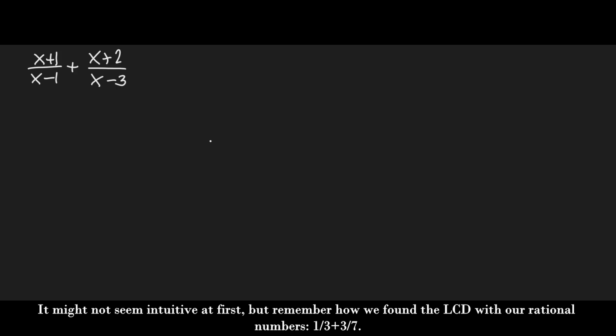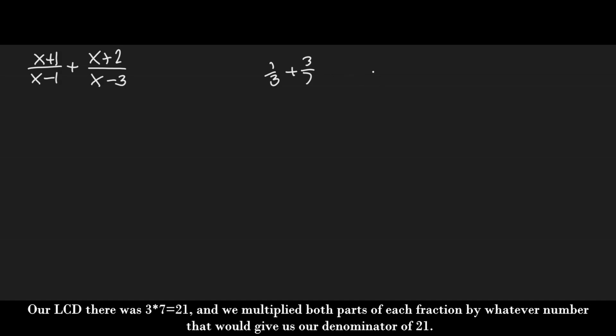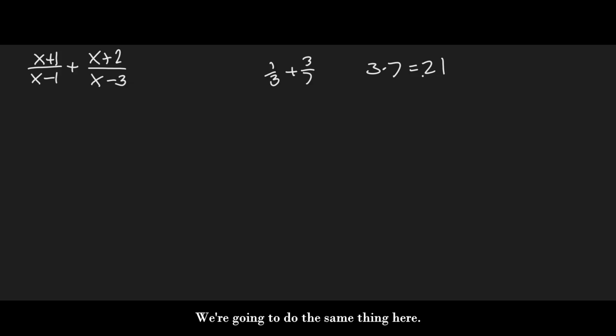It might not seem intuitive at first, but remember how we found the LCD with our rational numbers, 1 over 3 plus 3 over 7. Our least common denominator there was 3 times 7, which is 21. And we multiply both parts of each fraction by whatever number would give us our denominator of 21. We're going to do the same thing here.